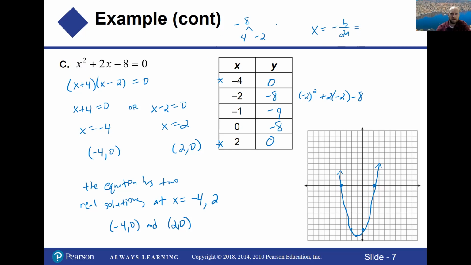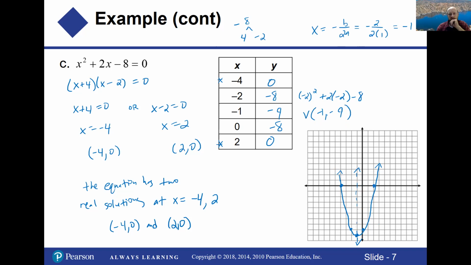Our b value is 2, so we have -2 over 2 times a. Well, a is 1. So the axis of symmetry for this should be at -1, and it is, right? Remember our axis of symmetry, that dotted line that we learned in 11.1. And our vertex down here is -1, -9.